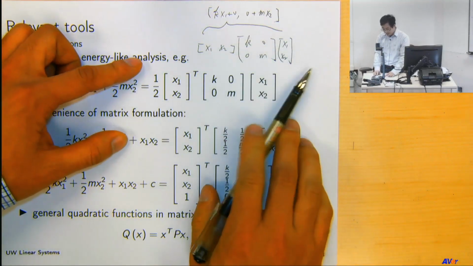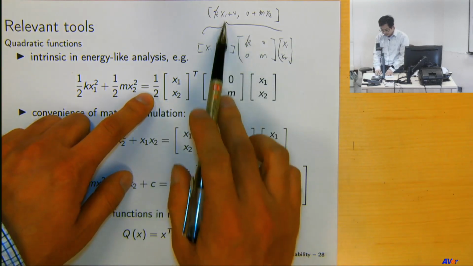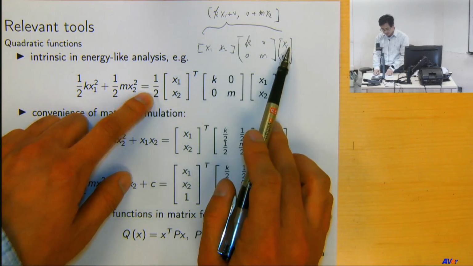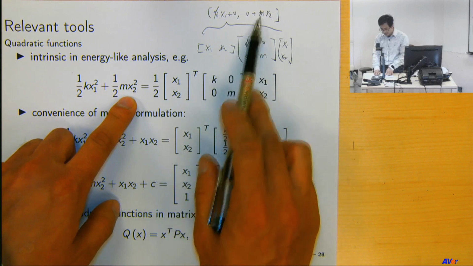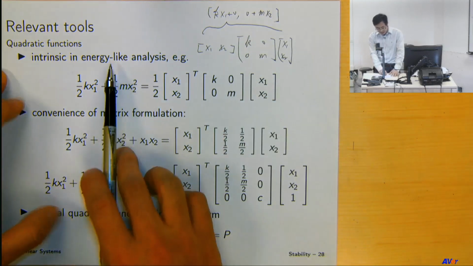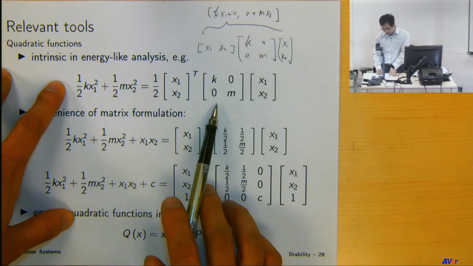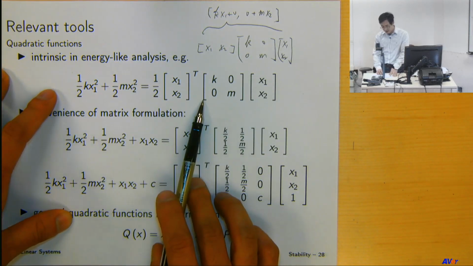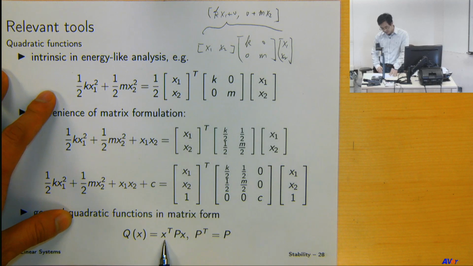Multiply things out and you get half of k x1 squared plus half of m x2 squared. So this energy-like function in our spring mass damper is essentially a vector-matrix-vector multiplication.